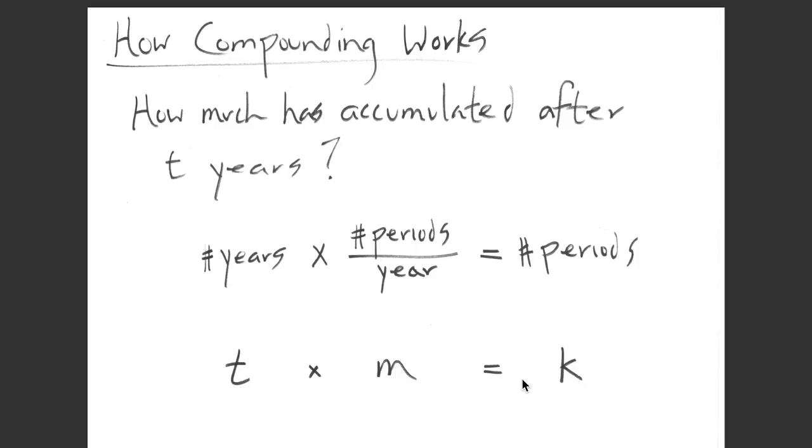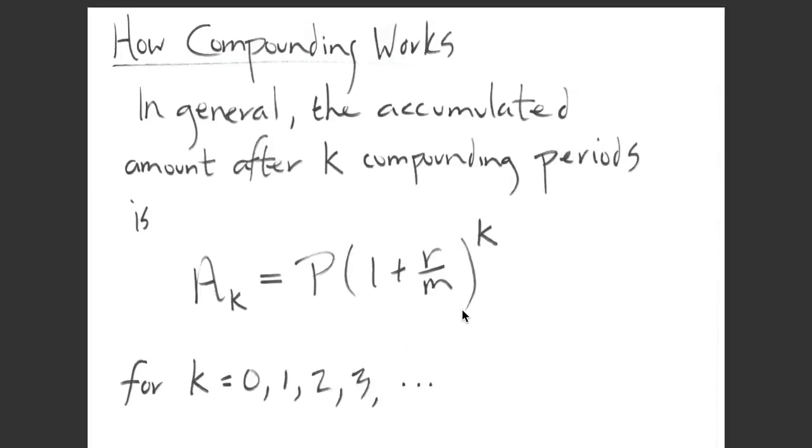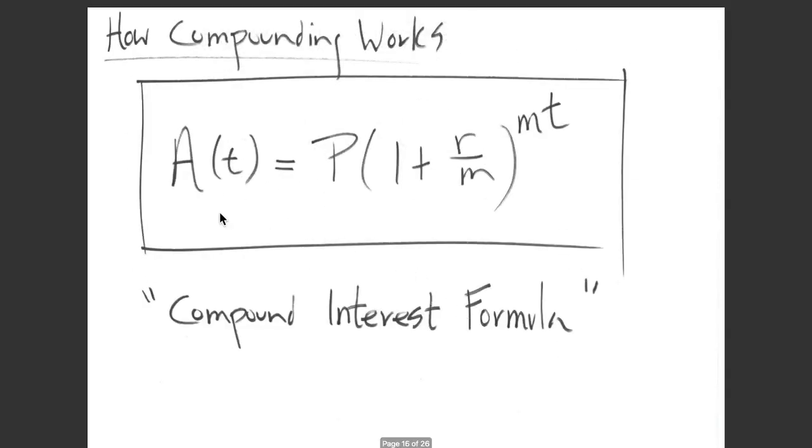So for instance, if I'm compounding 12 times a year, monthly compounding, and I've had the investment going for 2 years, I would be at 2 times 12, or 24 compounding periods. Well, if we just plug that back into this formula here, you get the expression for the amount that's accumulated after a certain time t.